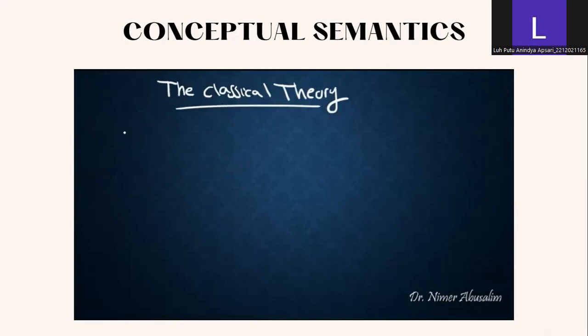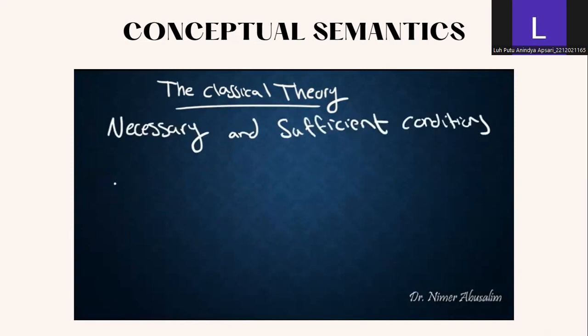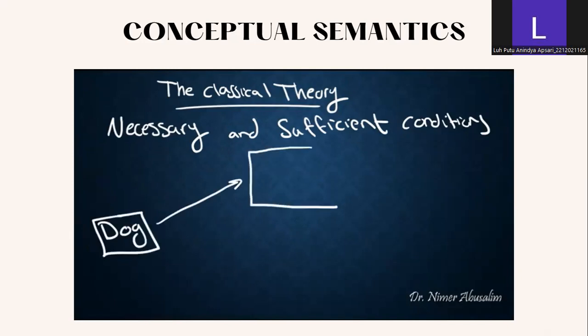Now the classical theory has another name for it, which is the necessary and sufficient conditions theory. What do we mean by the necessary and sufficient conditions? Well, under this classical theory, when we say the word dog, the sense in our minds of the word dog is not an image like the image theory, but rather a list of conditions that the dog must meet in order to be an actual dog in the real world.